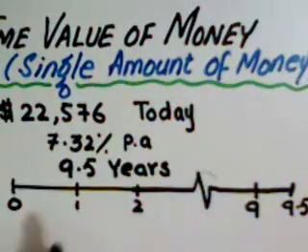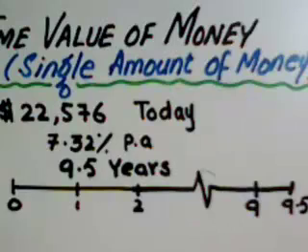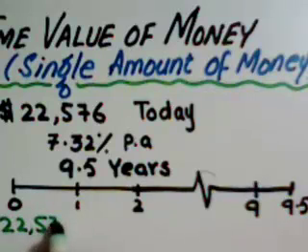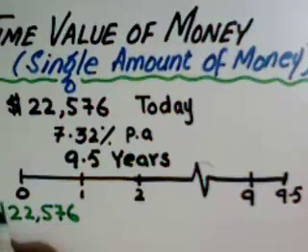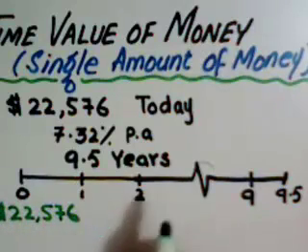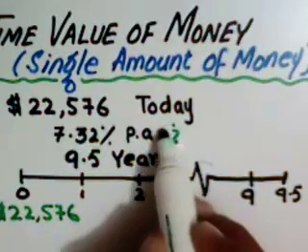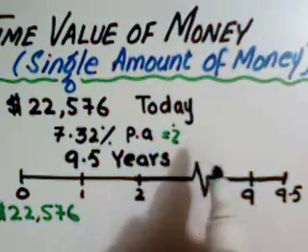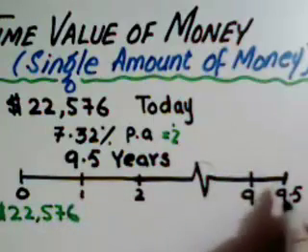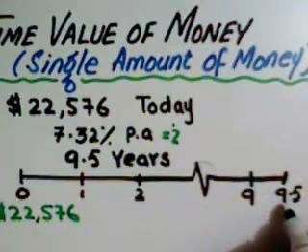So we want to know that if we have $22,576 at time 0, and we deposit it at a compound annual interest rate of 7.32% per annum, how much would this money become at the end of 9.5 years.